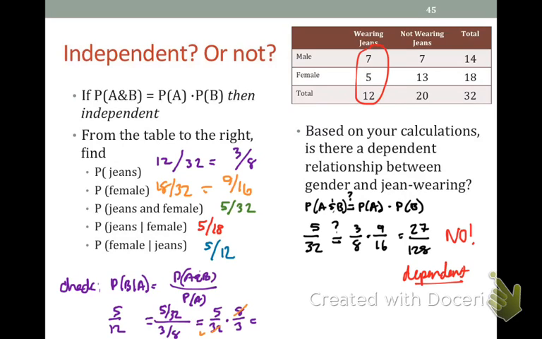Probability of B given A. So here it is right here. So there's a probability of jeans, female given jeans. So it should work. That's just a conditional probability formula. It always works, so it better work. But this one over here, this statement, is only true if you have independent events.